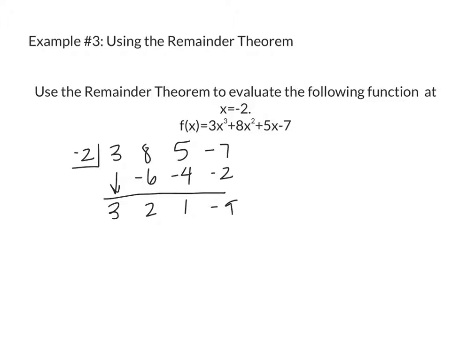So what this will leave us with is that f of negative 2 equals negative 9, because essentially we could have evaluated or we could have used synthetic division to get the exact same answer.